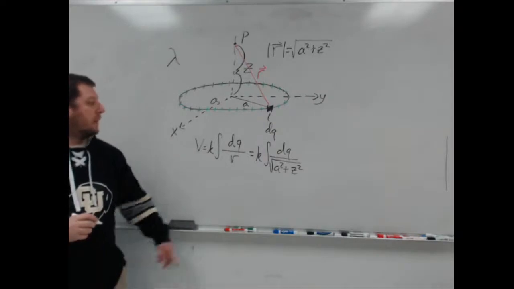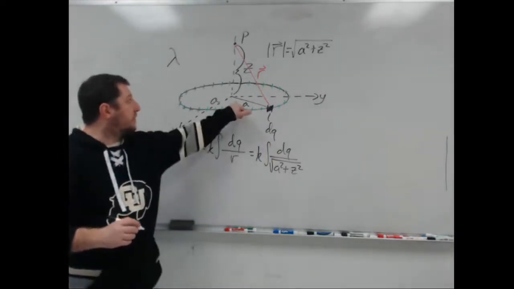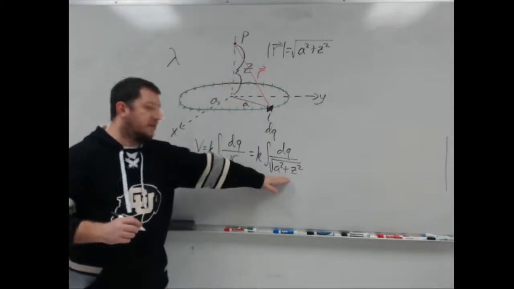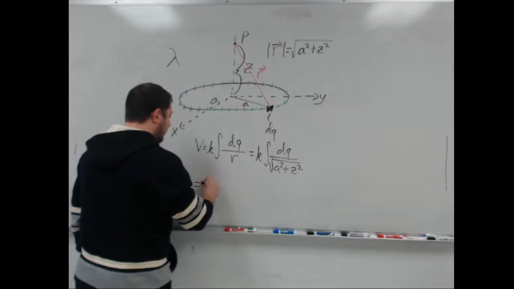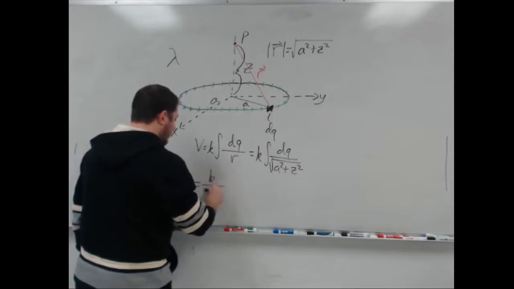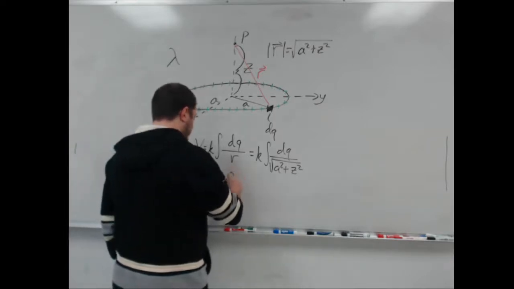Okay? But a squared plus z squared, these are both constants, so this can also come out of the integral. So then this is going to be k over the square root of a squared plus z squared times the integral of dq.